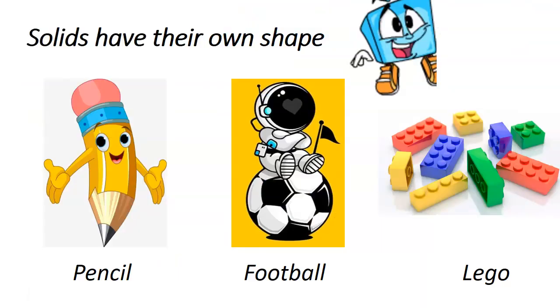First one, Mr. Solid, takes his own shape. He just stays the way he wants to be, such that if I put my pencil in the refrigerator or on the table or on the ground or in the glass, it will still have that shape. The same is true for a football and Lego pieces.